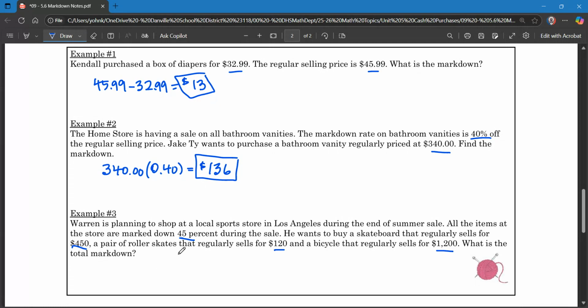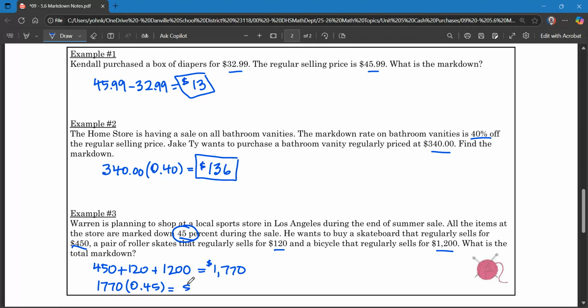Okay, well, we can first find the total of all the items that Warren wants to purchase. So $450 plus $120 plus $1,200 gives us a total of $1,770. I want to know what the total markdown is, so I need to multiply 1,770 by the 45% as a decimal, so 0.45.